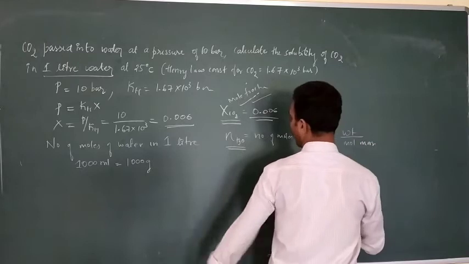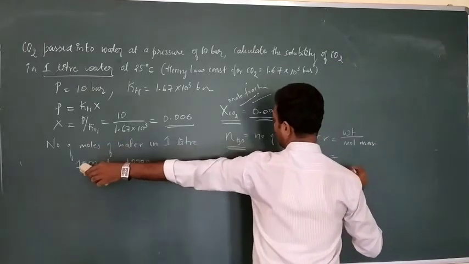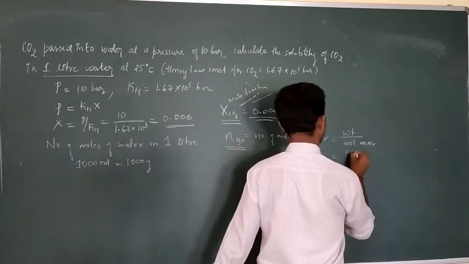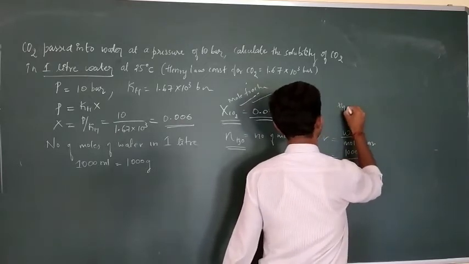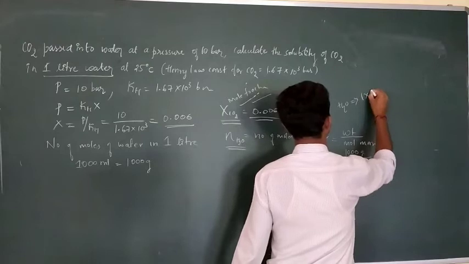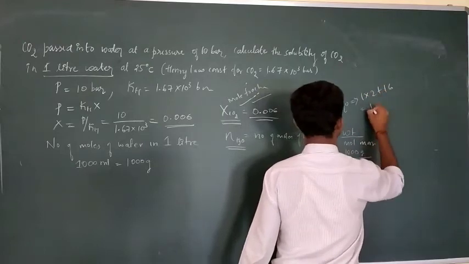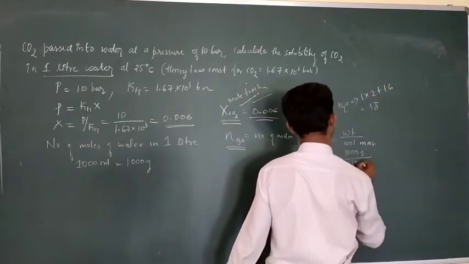The weight is 1000 grams, divided by the molecular mass of water. H2O is 1 into 2 plus oxygen 16, total 18 grams, right?